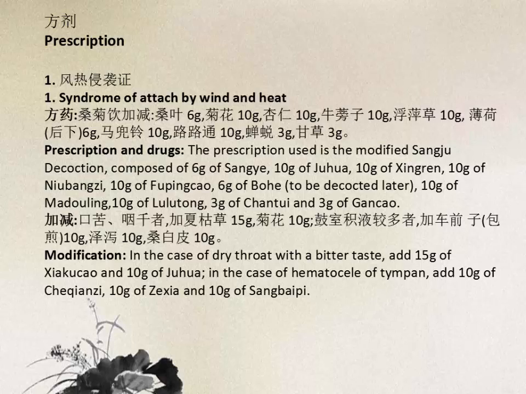Some other things that we can think about changing a little bit based on signs and symptoms. They already have Juhua. I'm not sure why they say add Juhua here. But Xia Ku Cao, if there's heat on the interior and exterior, especially if there's tinnitus, Xia Ku Cao goes to the liver.